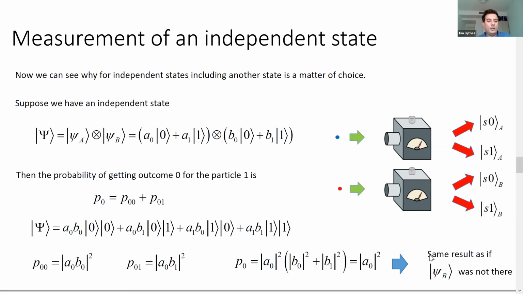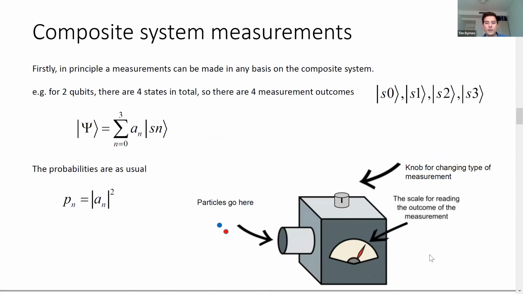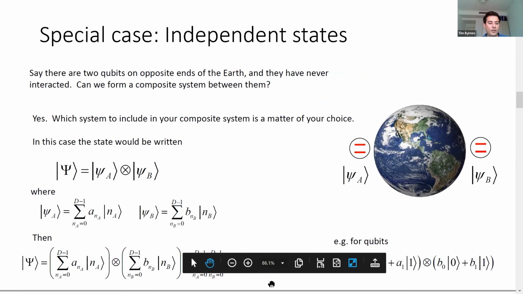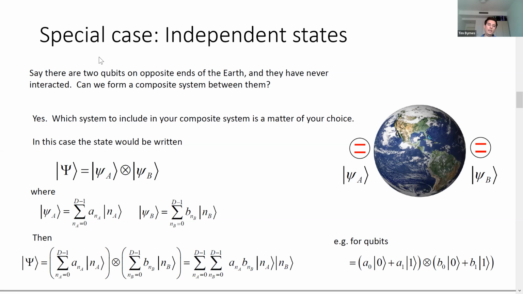So that was how measurements work for this composite system case. Now let's go back to that example of an independent state. Remember, a couple of slides ago I was saying that if you have two states and they're completely independent, then the two states form something like this.